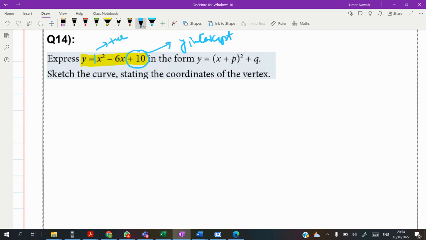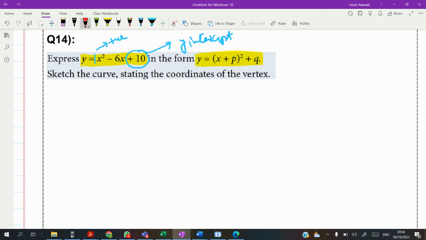It means the parabola is facing up. So imagine, guys, the parabola is facing up and it cuts the y-axis at 10. These are the two pieces of information we can extract from the standard form. The rest of the information, the most important information, comes from the vertex. You remember, guys, the vertex is minus p, q. I want to get that vertex.